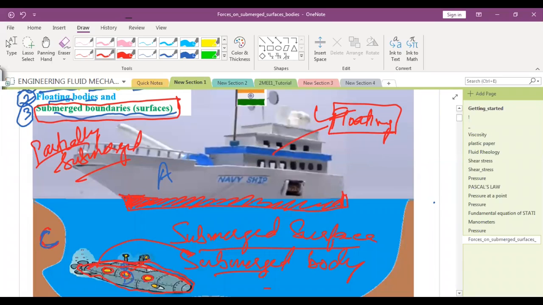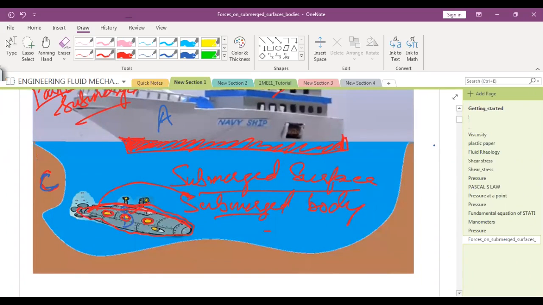So how can you differentiate between submerged body and surface? Critically, क्या मतलब हुआ? Submerged body में उसके हर तरफ fluid एक ही तरह का है. Submarine का जो glass है, this is the glass of submarine. What is outside the glass? Water.